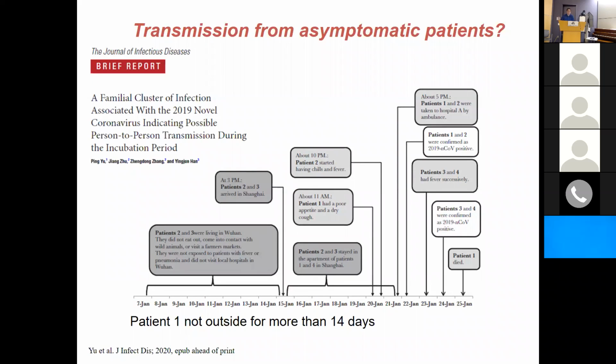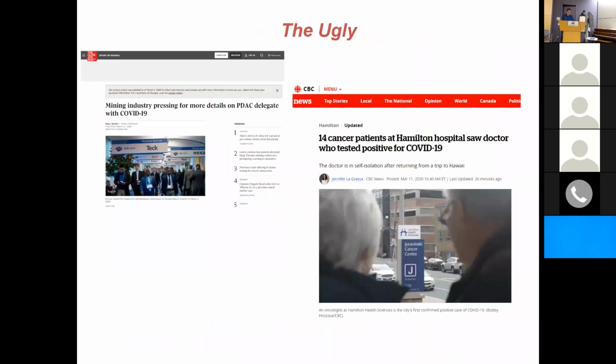Patient 2, so the patient who probably brought it, developed symptoms on the same day, then eventually they were admitted, patient 1 died. So again, suggesting that patients 2 and 3 were incubating and the transmission occurred while those patients were incubating, before they developed the symptoms. So that was the bad. A couple of ugly slides here.